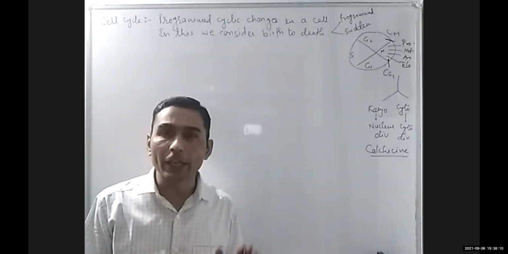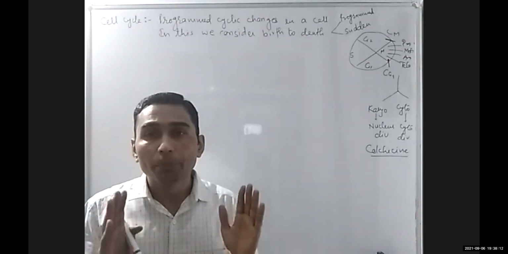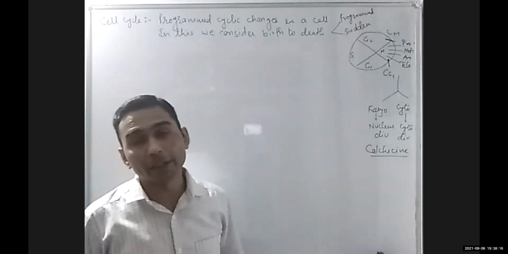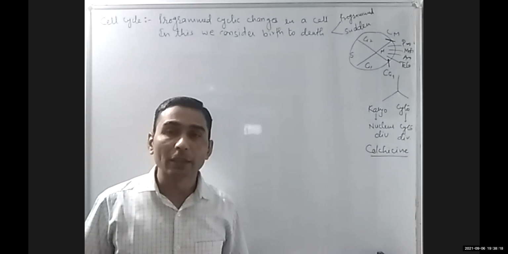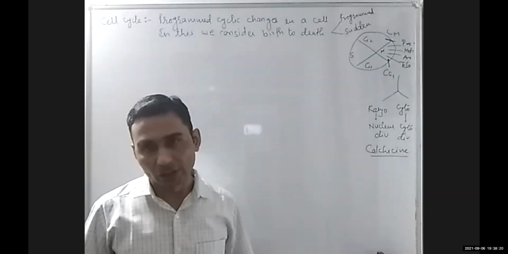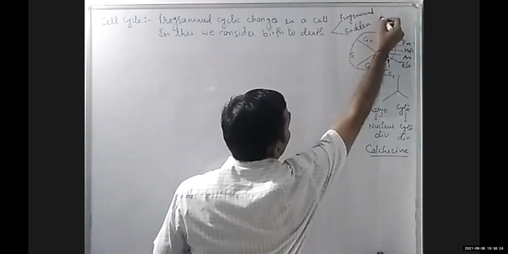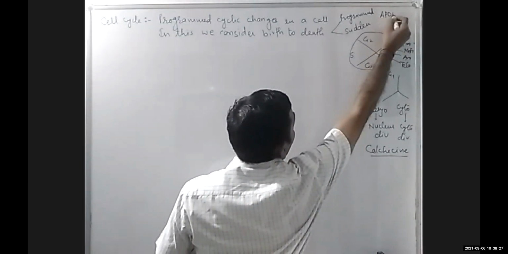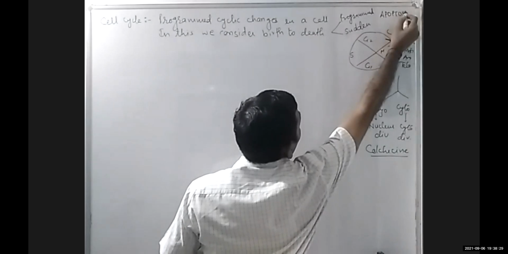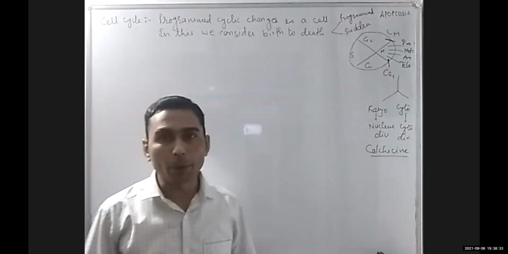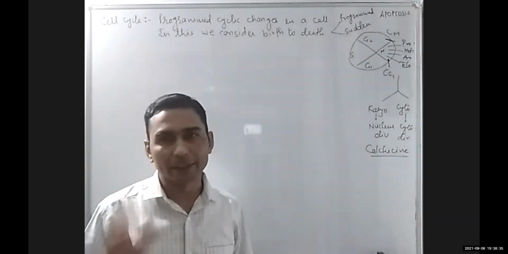Otherwise, the cell always functions in a programmed manner. And such a death is known as programmed death, or apoptosis. Apoptosis is programmed cell death.